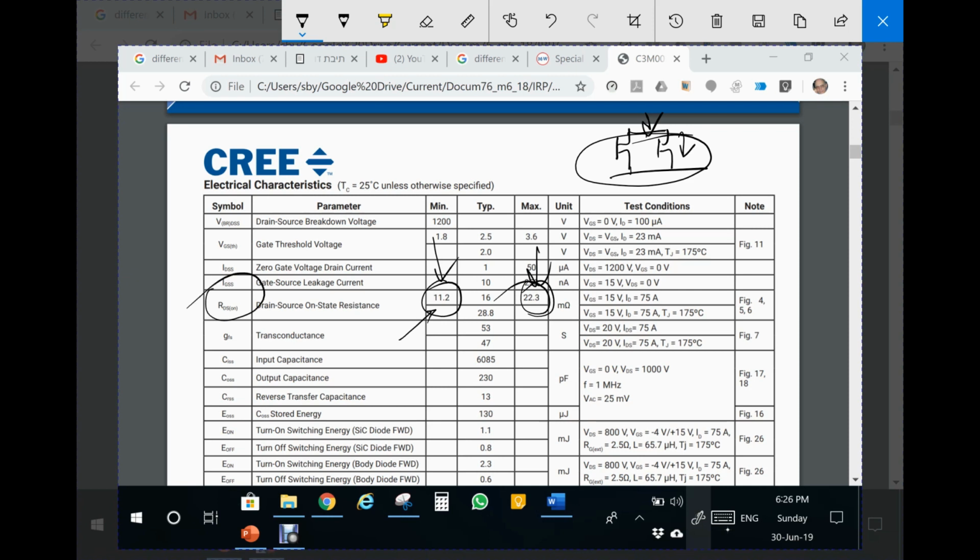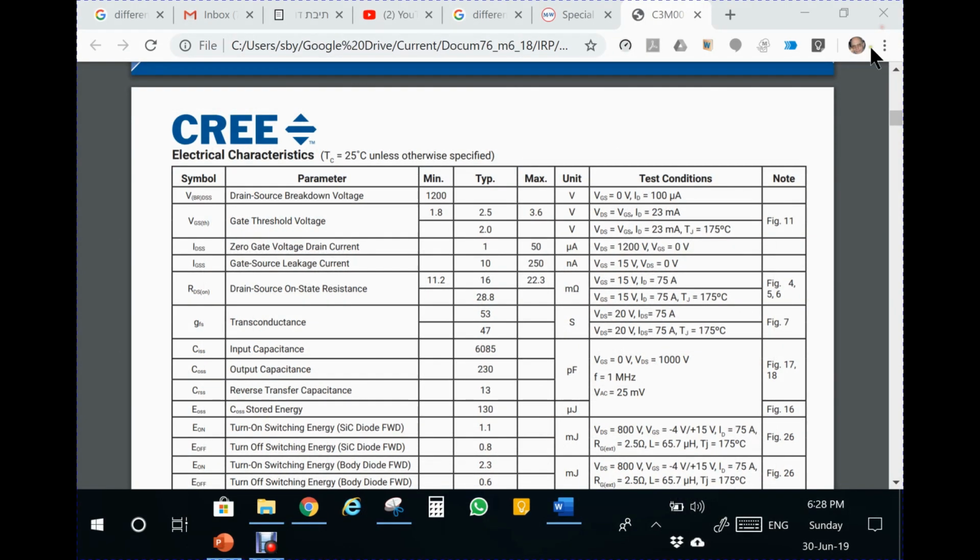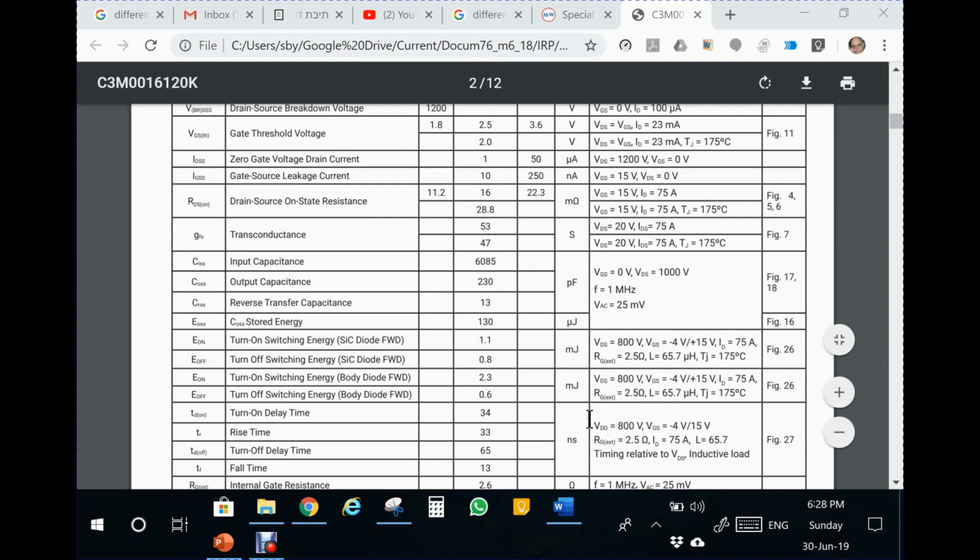Then the important parameters to see here are the energies. And this is something that is a major point here. And here we have the turn on switching energy and turn off switching energy. You see it twice. One says with silicon diode conducting, and the other one is with body diode forward.